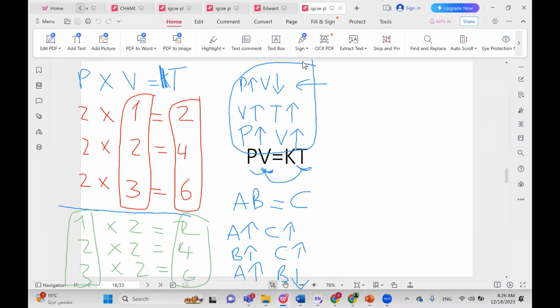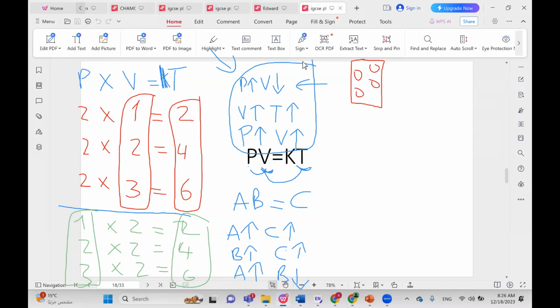Now, let's talk about this physically. We want to explain these three relationships from a physical perspective. So what is the relationship between pressure and volume? Let's go back to the bottle. Like we said, if I have this bottle with the 4 balls, and in this case, I don't care about the temperature. The temperature is constant.